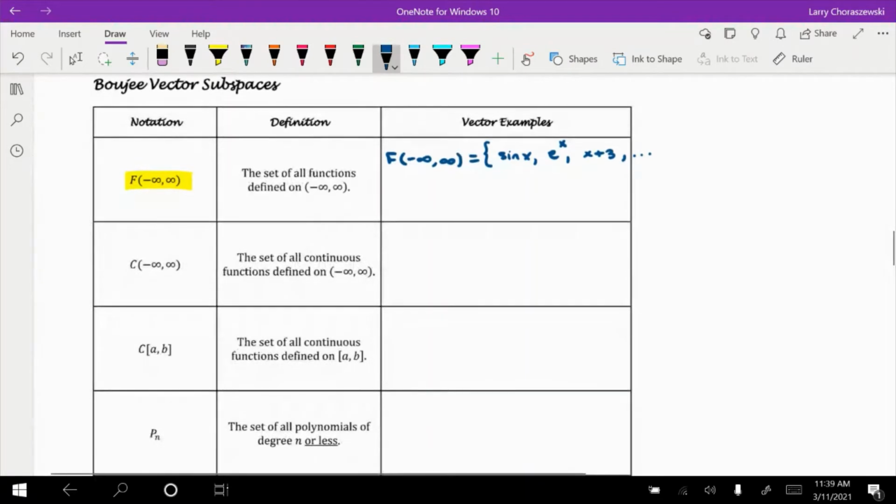A subset of F of all real numbers would be capital C of all real numbers. That's notation for the set of all continuous functions that have a domain of all real numbers. Let me give you some examples of functions that would be in here.